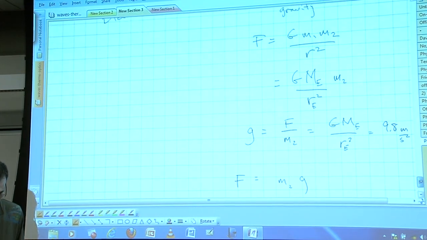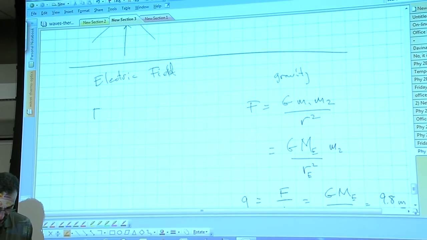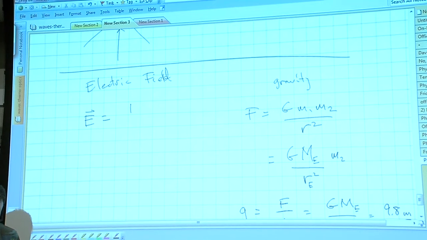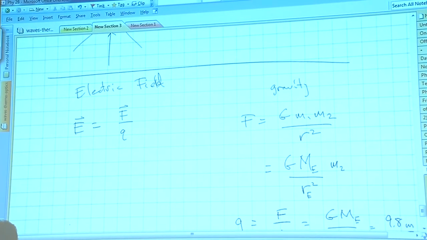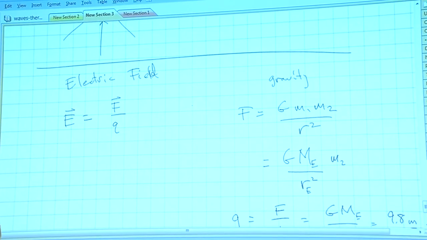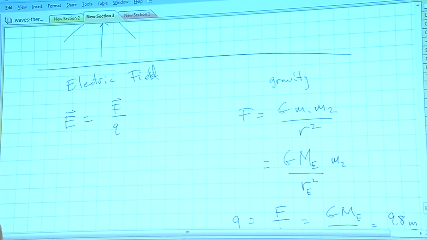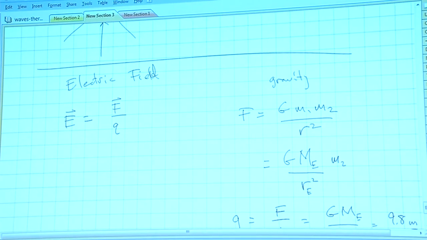And we're going to do the same with electricity. We're going to say the electric field is the force divided by one of the charges. Because what is the force? It's k q1 q2 over r squared, right? So we can divide by the charge that's at the location where we want to know what the electric field is, and we can then determine the electric field from all the other charges.